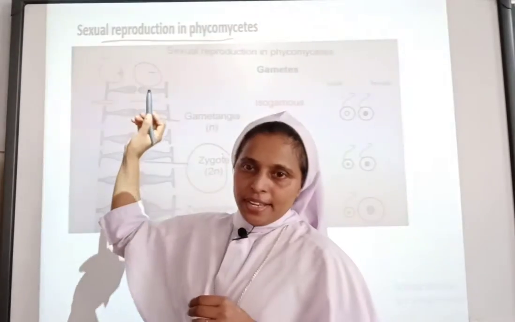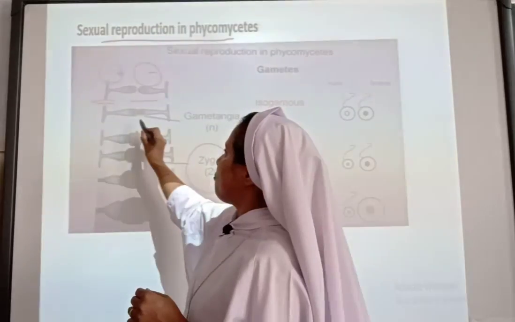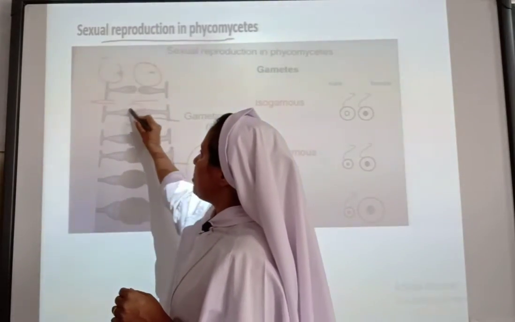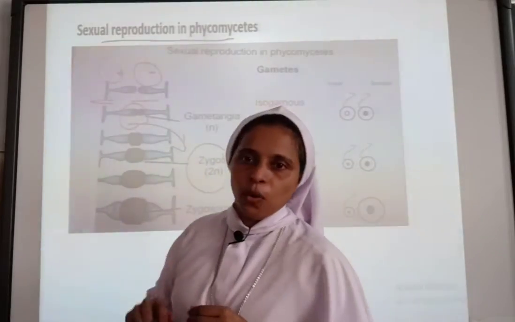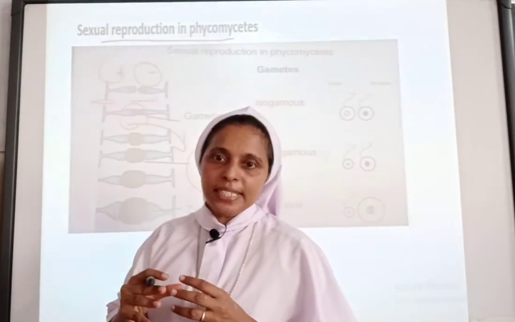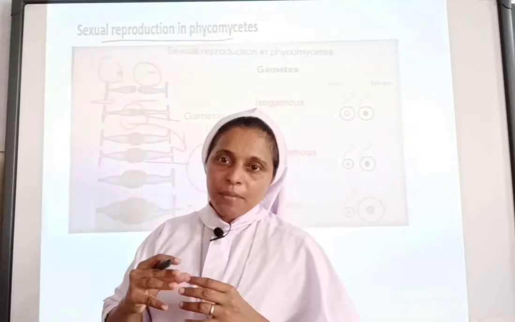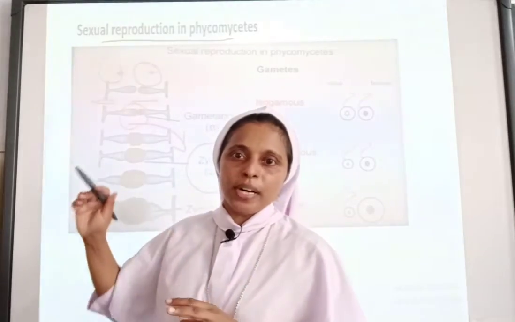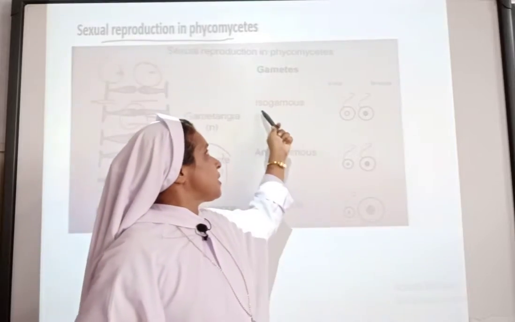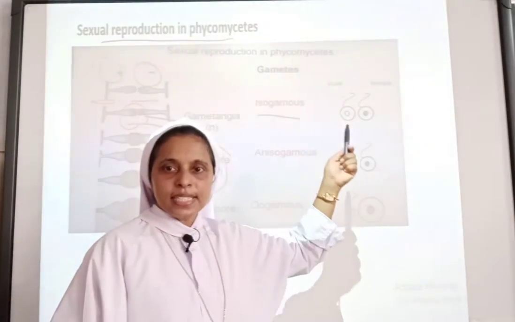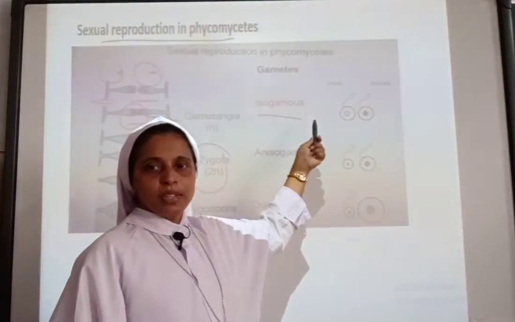Male gametangia as well as the female gametangia fuse together to form a diploid zygote. The male gamete and the female gamete fuse together to form a diploid zygote, and this condition is termed as isogamous.